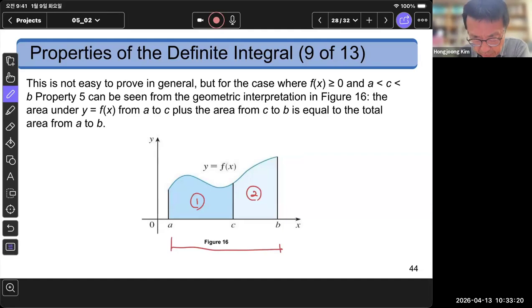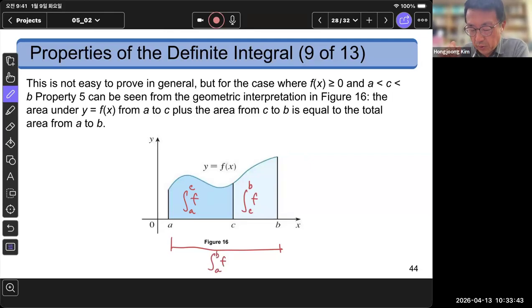So the integral of f from a to c plus the integral of f from c to b gives the integral of f from a to b.